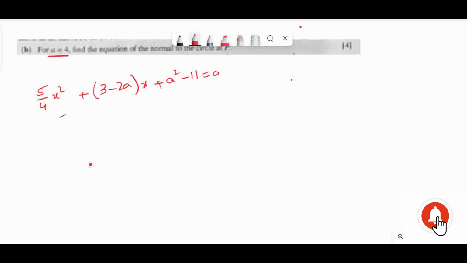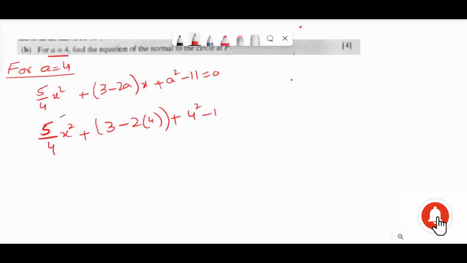Now we can write it as (5/4)x² + (3 − 2a)x, where 2a is 8 over here, plus again 4² − 11 = 0.